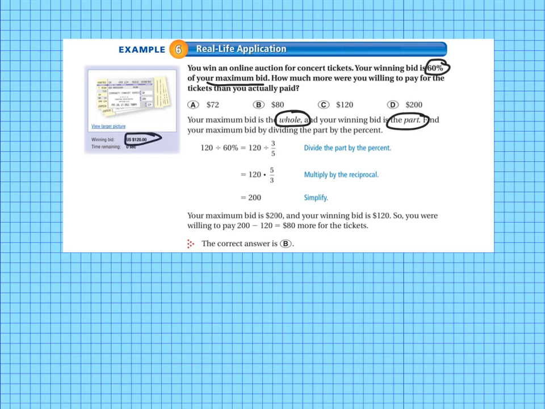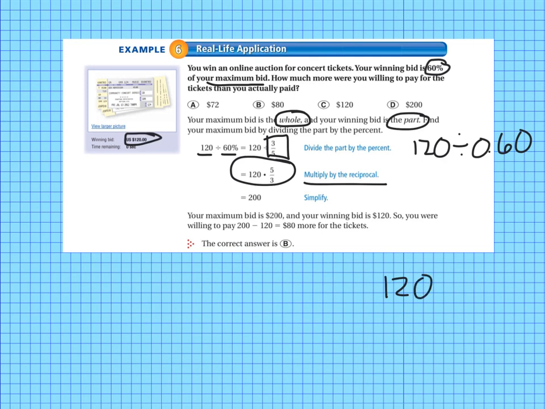Here's the winning bid over here, by dividing the part by the percent. So we take the part, which was 120, and we divide that by 60%, which as a fraction is 3/5. As a decimal, it would be 120 divided by 0.60. And here we're working with fractions, so we would multiply by the reciprocal. 120, I'm going to show it to you the other way, divided by 0.6.